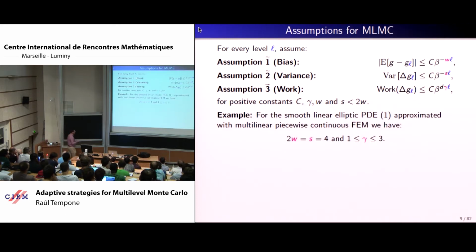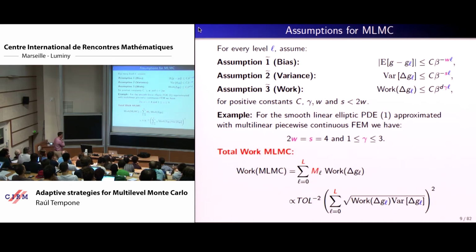So if you change the solver, gamma will change even though you keep the rest constant. As an example, for a smooth linear PDE of the type we discussed today, if you use multilinear piecewise continuous finite elements, we will have 2W equals S equals 4, and of course, depending on the solver you use, gamma ranging from 1 to 3.